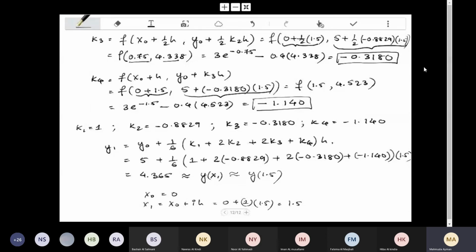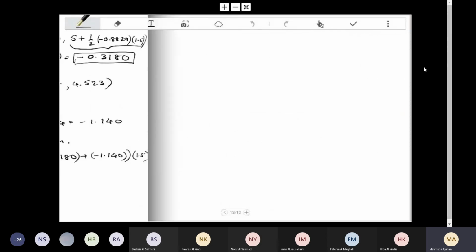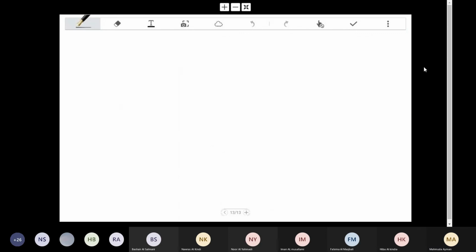Okay, now we have to calculate y of 3, so we have to go one more step ahead. And maybe I'll draw the table at the end here now.